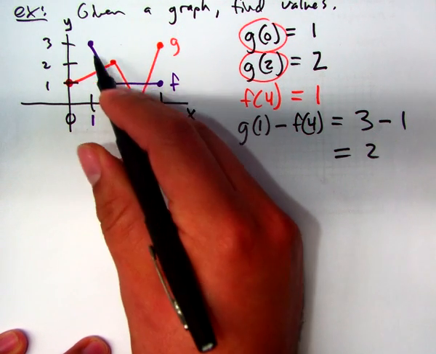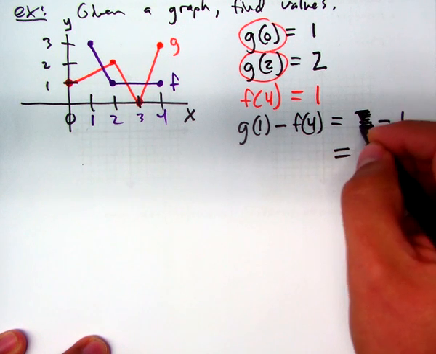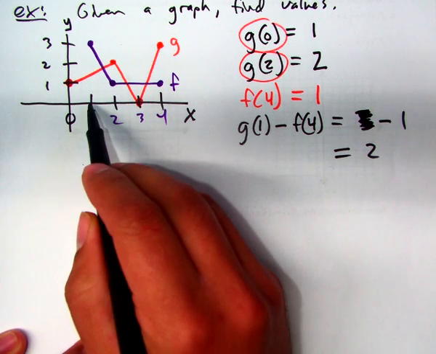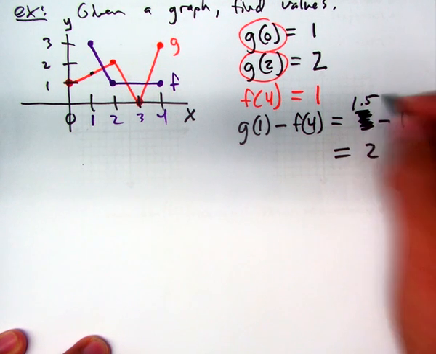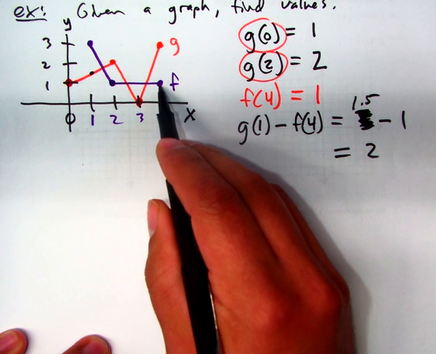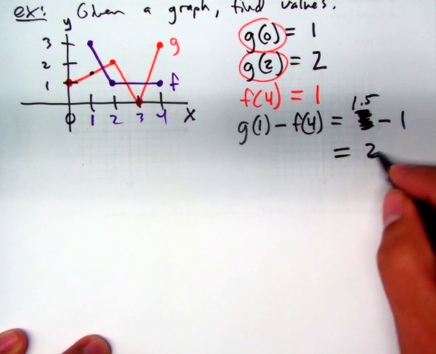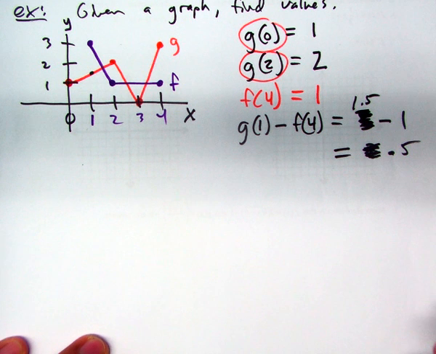Oh, we were looking at the purple one. We looked at the wrong one. So this is 1.5-ish. Now, did we look at the right one for f of 4? Yes, we did. So what is it, Jenna? It's 0.5. Okay. Thank you. Does that make sense? Looking at the graph, finding the y-coordinates. Okay.